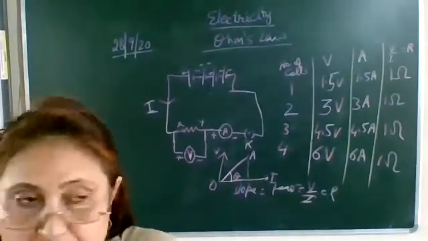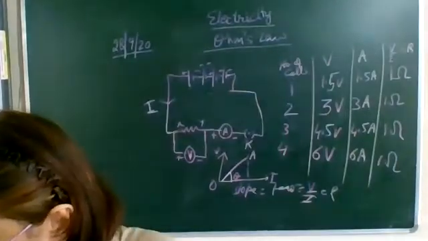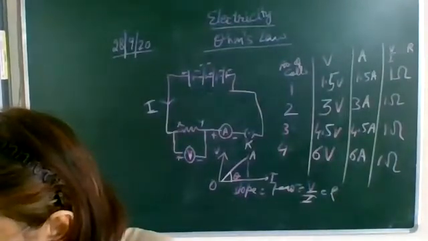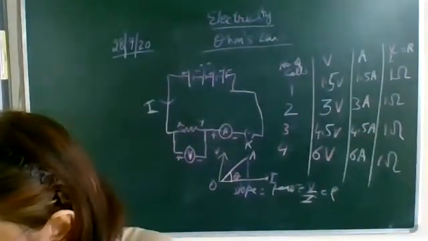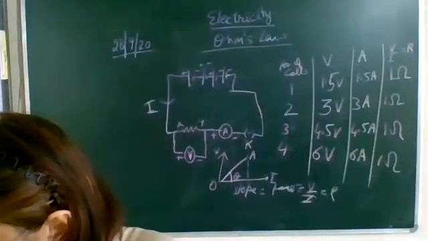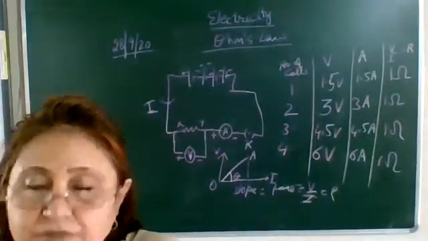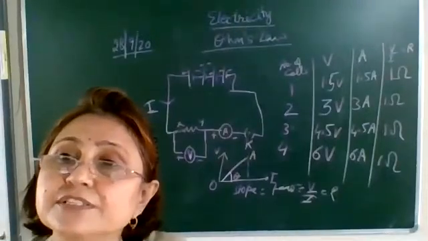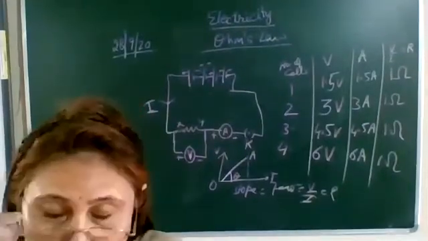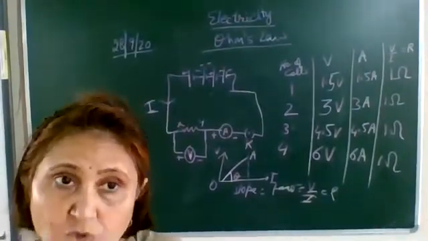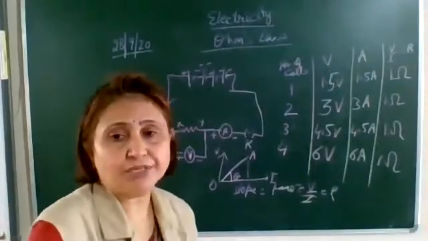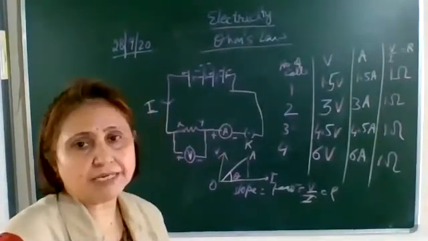Define resistance and give its SI unit. Yes, how will you define resistance? It is the property of the conductor to oppose the flow of charges through it. Flow of charges means current.